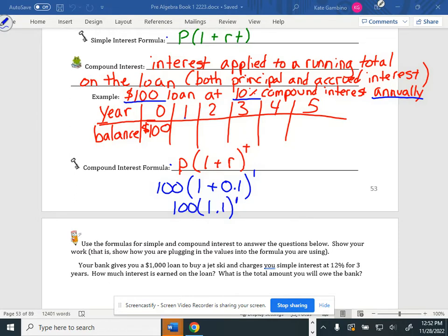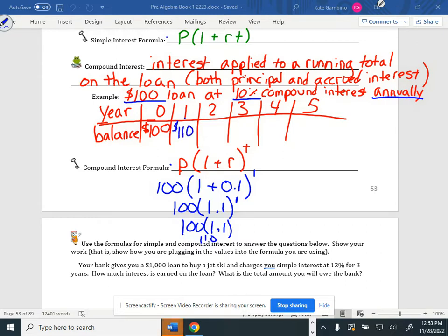So 1.1 to the first power. What would that be? Emmett? 1.1. Times that by 100. And what did you get? 110. So this one, it's the same right now.